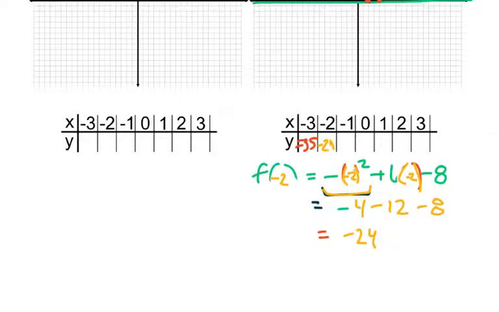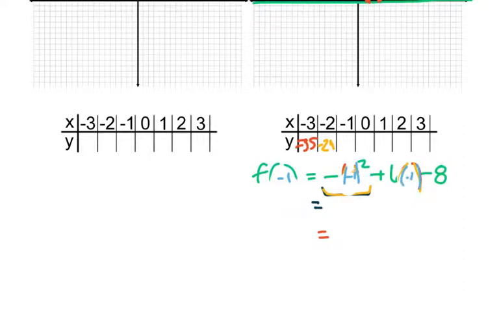Again, in a 10 by 10 grid, we're not going to really be able to graph that in there. Oh, actually, I think this is a 15 by 15. Anyway, moving on. Now we're going to plug in a negative 1.